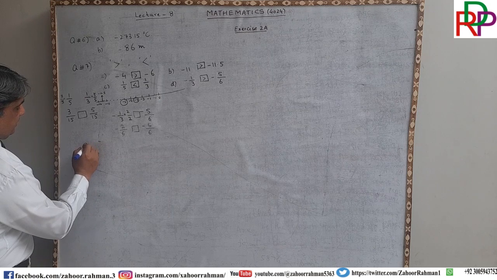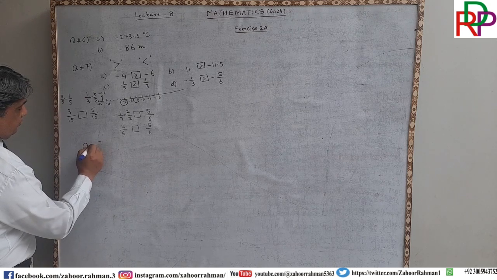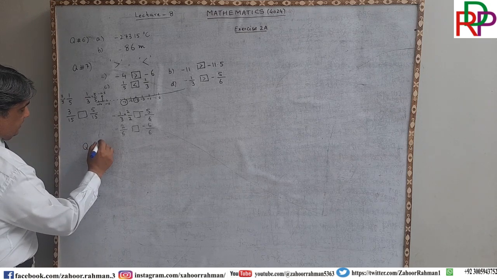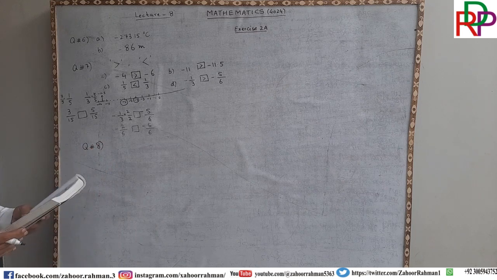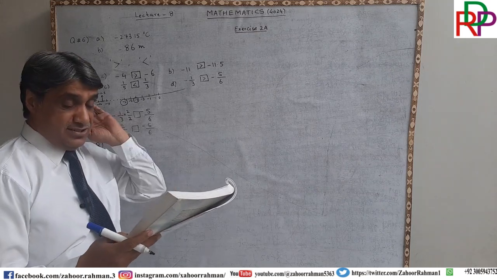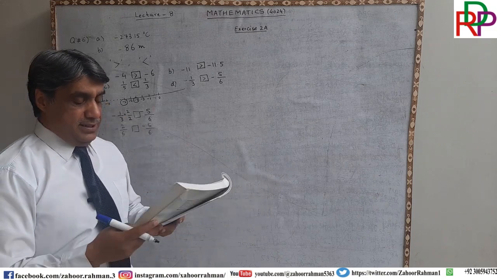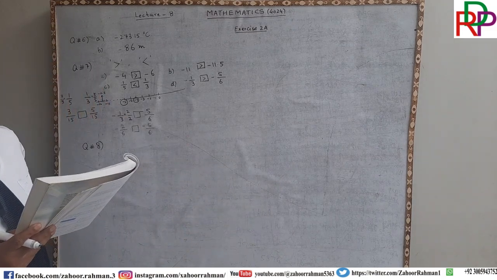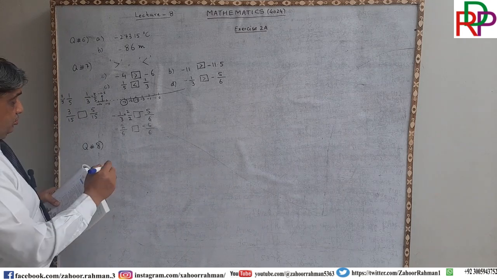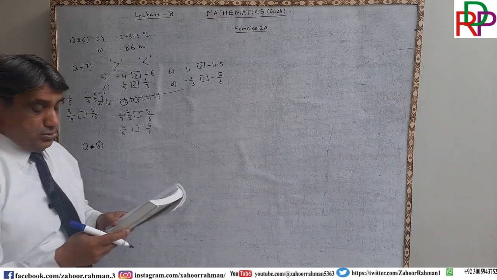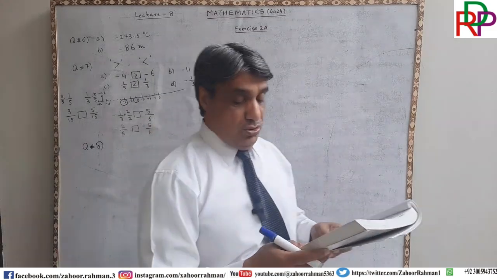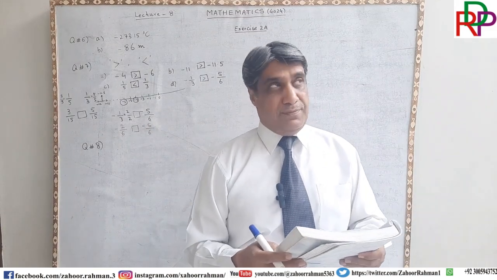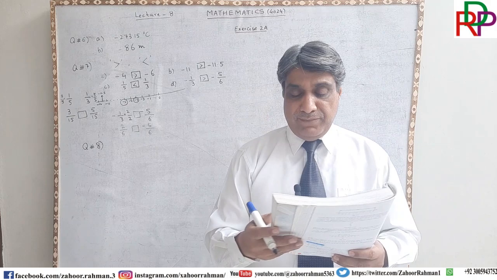And now we are turning our focus to question number 8, which is the last question of this exercise. This is not that much difficult, but it will take a bit of time. They are saying use a number line to illustrate each of the following.